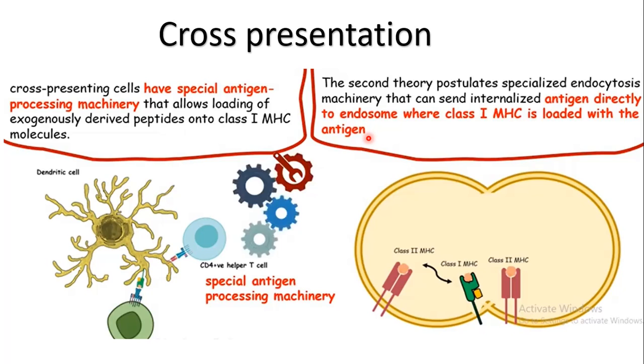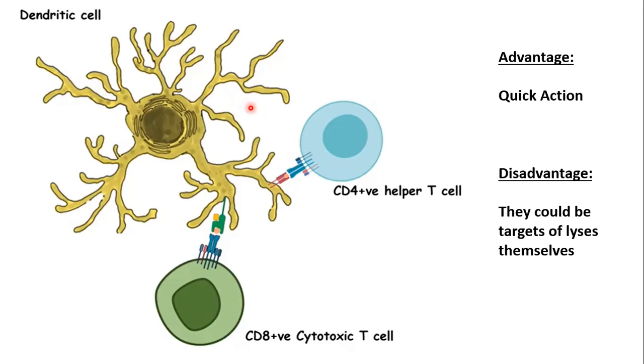So it's a good process because it permits quick action, the recognition by CD8 cytotoxic cells. And it's a disadvantage because dendritic cells could be targets of lysis themselves. This initial partial degradation of antigens must be tightly controlled, as it could destroy potential peptides for T-cell recognition.